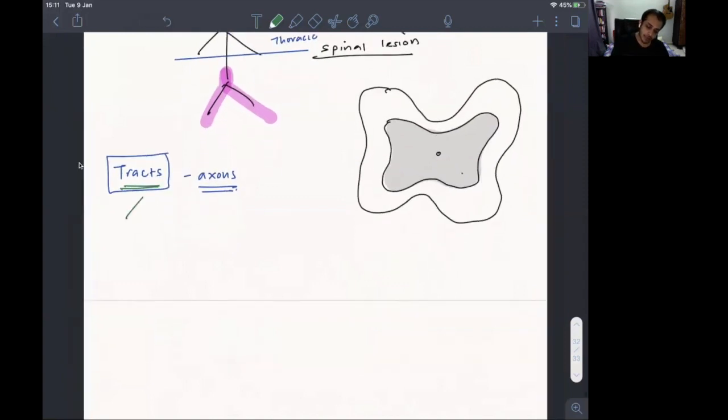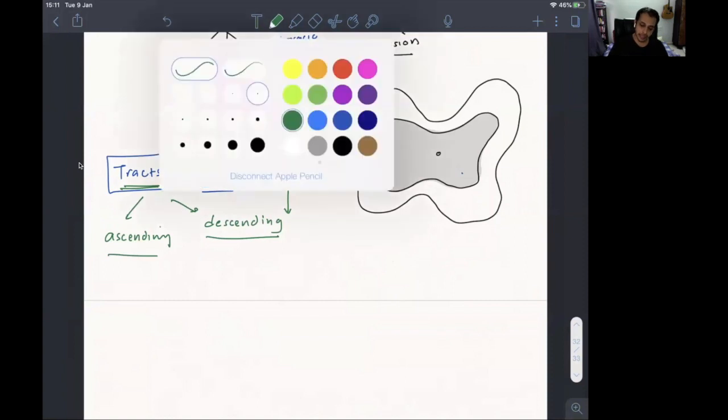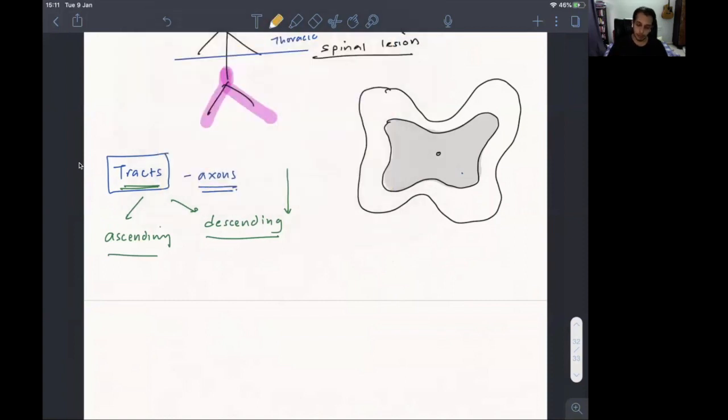Now, tracts are divided into two kinds. One is ascending and one is descending. And what does this mean? When we say a descending tract, we mean that the axon is carrying information from the brain downwards, and an ascending tract is carrying information from the body up to the brain.